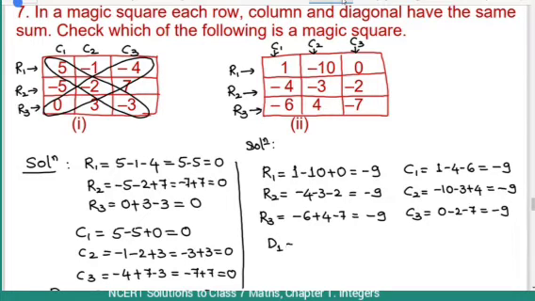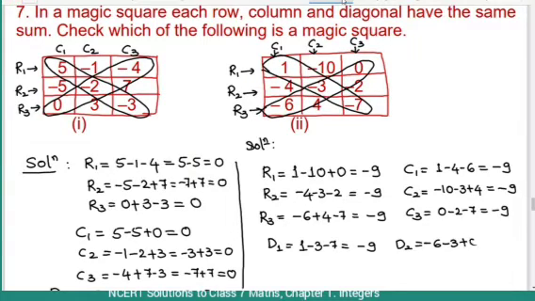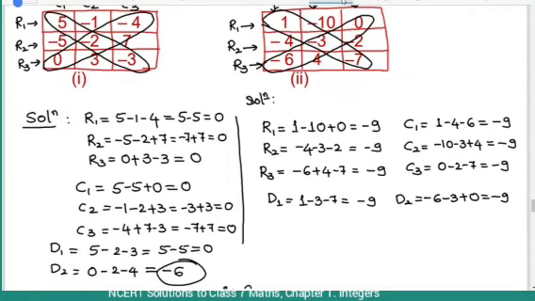So all the rows, all the columns are minus 9. Now diagonals, D1 is equal to 1 minus 3 minus 7, that is also equal to minus 9. Second diagonal, D2, minus 6 minus 3 plus 0, which is also equal to minus 9.